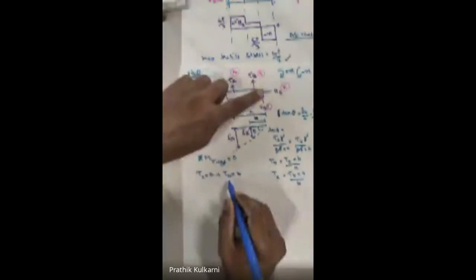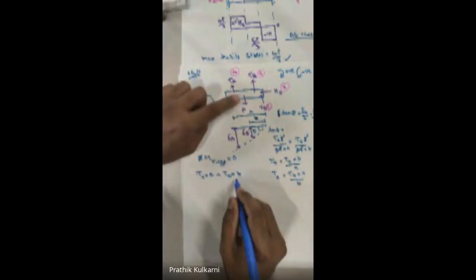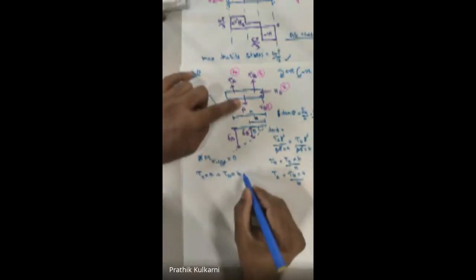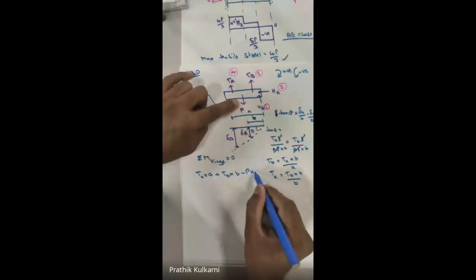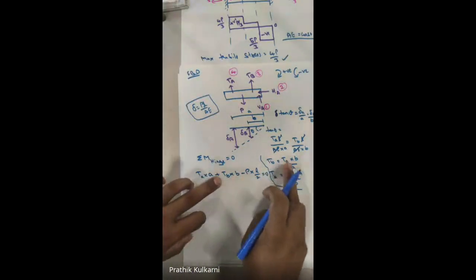Yes sir. So this TB into B. TA is done, TB is done. Now we have force P, which is acting clockwise or anti-clockwise? It's acting anti-clockwise. So minus P into L by 2 should be equal to 0. Yes or no? Now we have TA in terms of TB or TB in terms of TA.